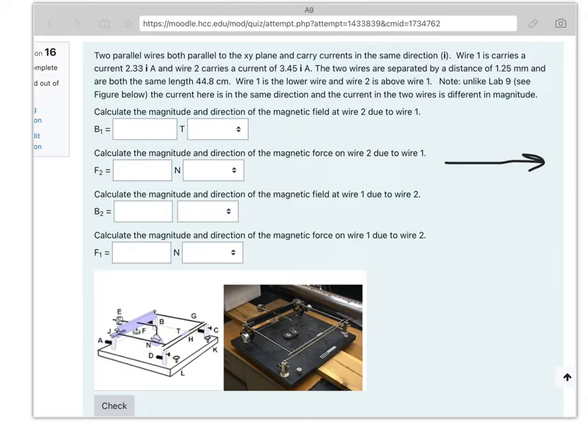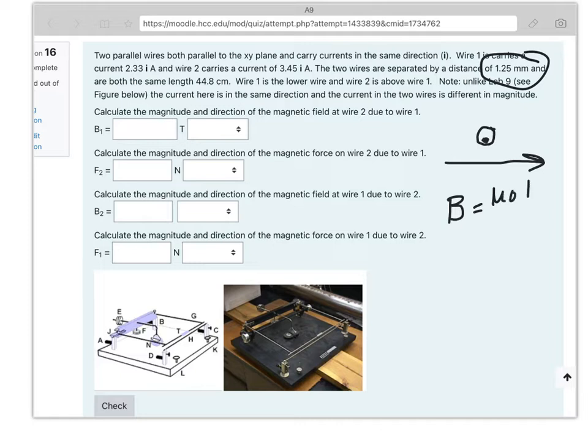Wire 2 is at a position of 1.25 millimeters above it. So we want to get the field at wire 2 due to wire 1, and using right-hand rule number 2, pointing my thumb along the wire, I can see my fingers coming out of the page. So the direction of the field is going to be out of the page.